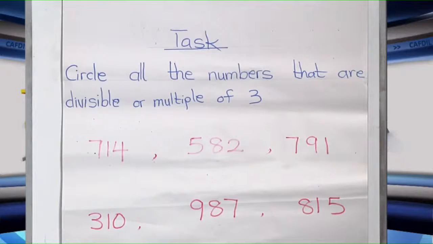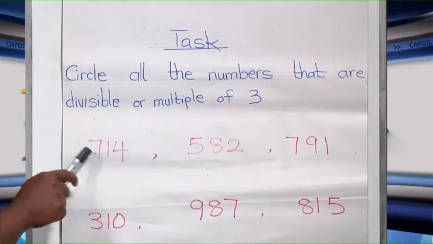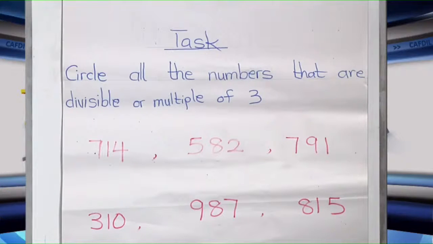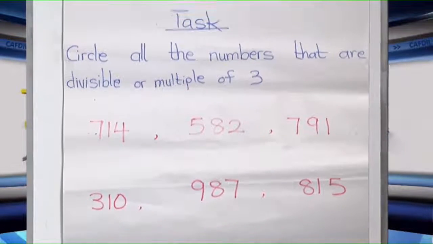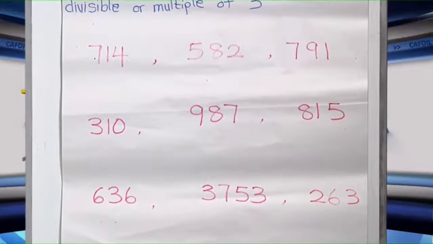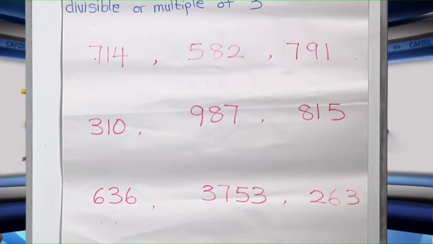So you have these numbers: 714, 582, 791, 310, 987, 815, 636, 3,753, and the last one, 263. I want you to circle all the numbers that are divisible by 3 using the rule.